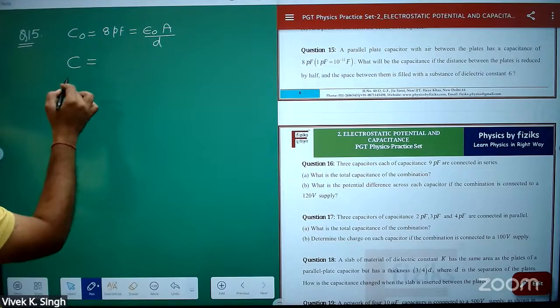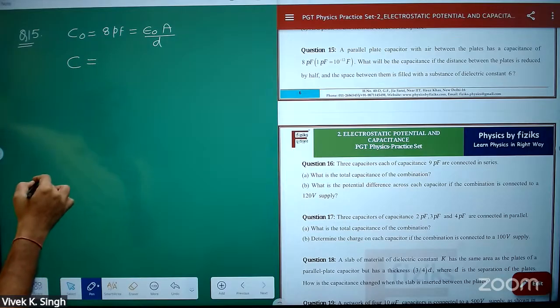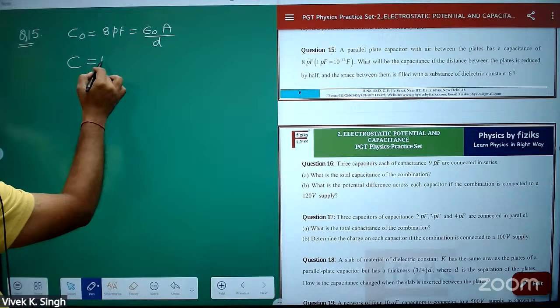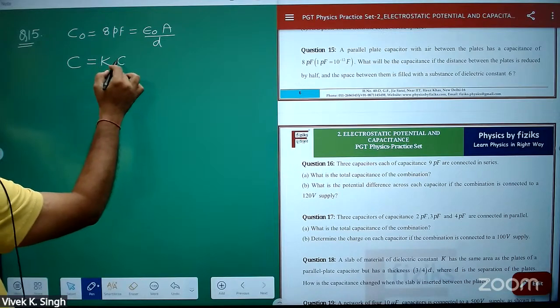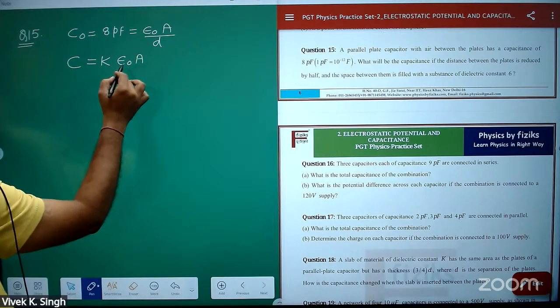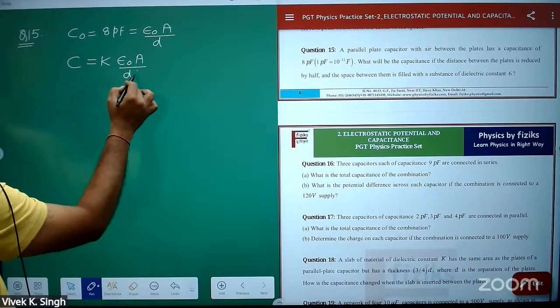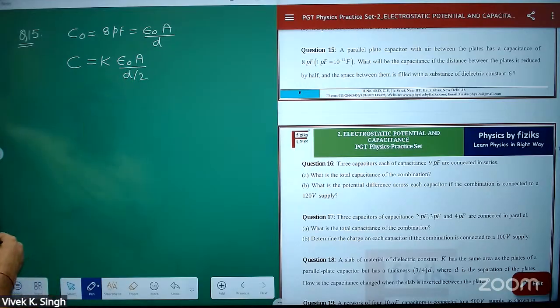So the new capacitance will be K times epsilon naught A by d by 2.